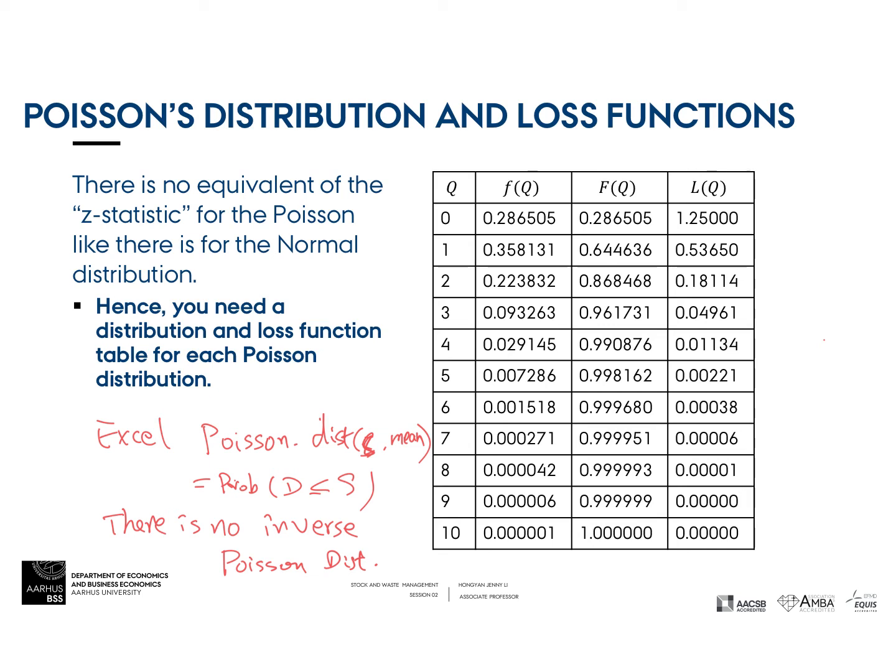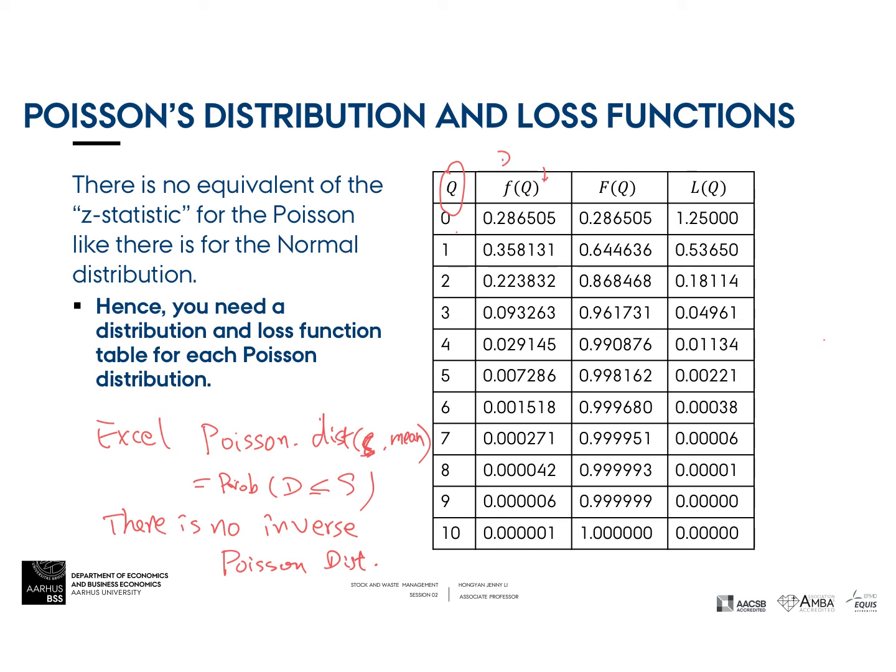In that sense, we need to use a Poisson distribution table or the loss function table. So here we have a part of the table presented on this slide. Now you can see the order quantity Q takes the values 0, 1, 2, the different values in the first column, and then you can easily find the density probabilities, small f(Q).